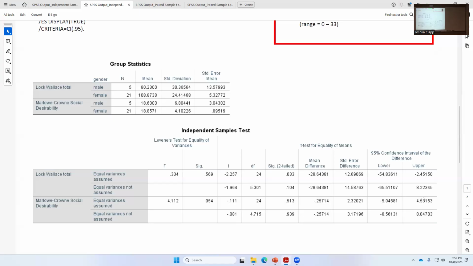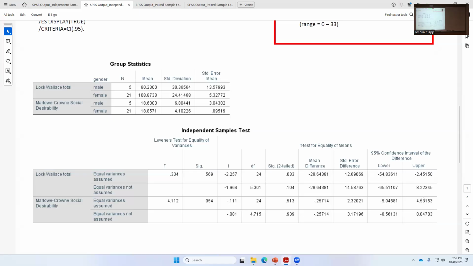Based on our data, the point estimate scores for the difference are compatible with approximately negative 54.8 and negative 2.45. However, given our small sample size, this isn't a very precise confidence interval. Wide. At least it seems wide, right?